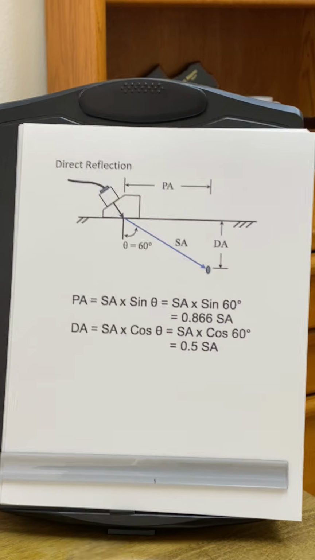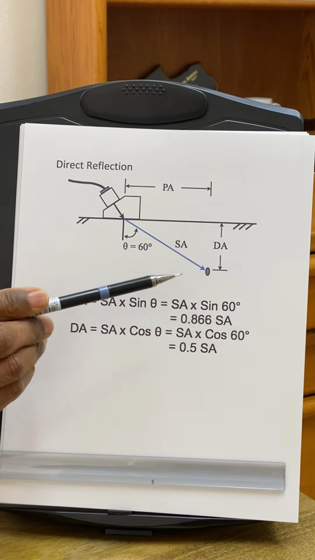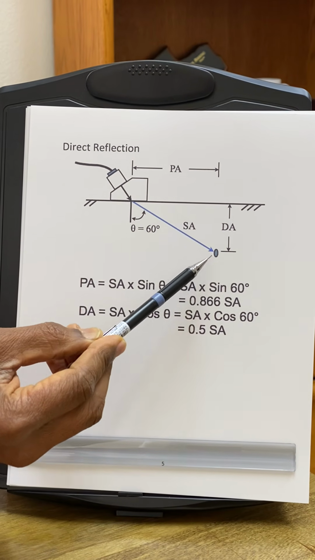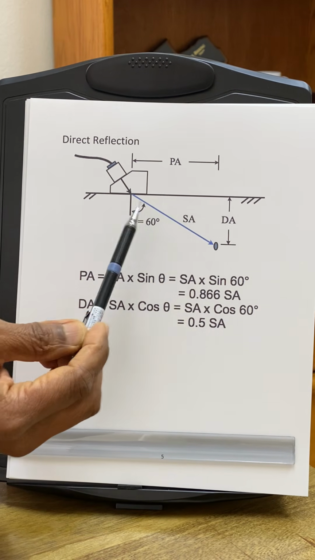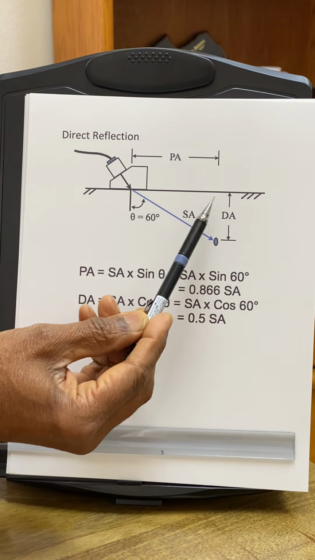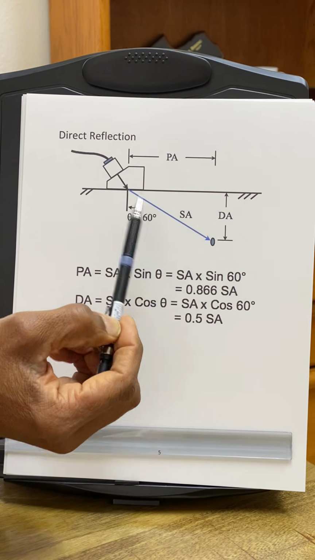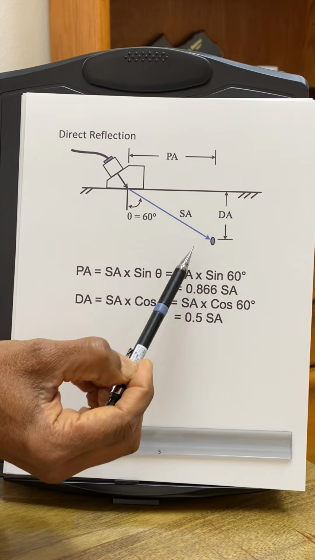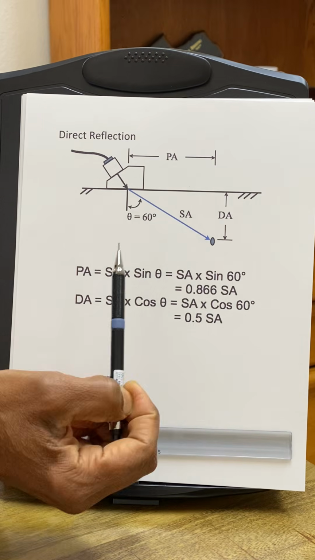In this case, I'm showing an angle of 60 degrees, and knowing the angle and the sound path to the reflector, we can calculate the location of this reflector, which is the distance from the exit point of the probe to the reflector, PA, and the depth from the surface to the reflector, DA. So knowing the PA and the DA, we can place the reflector in the body of the component.